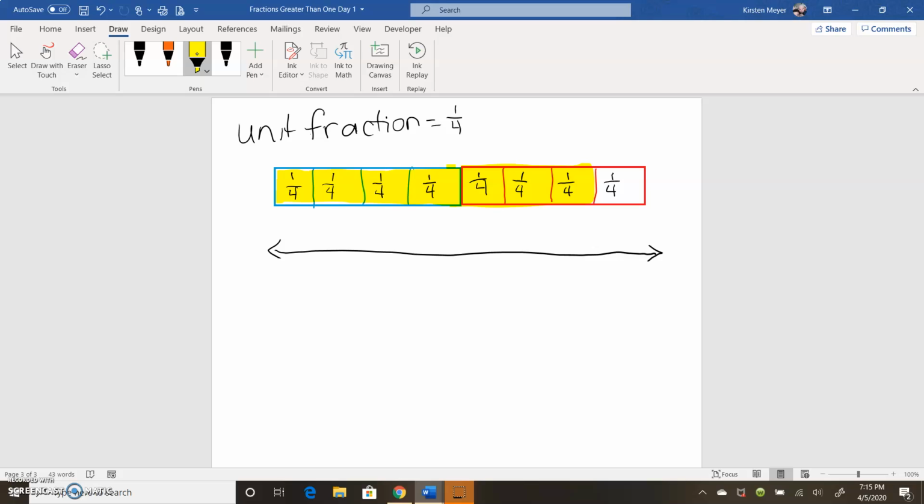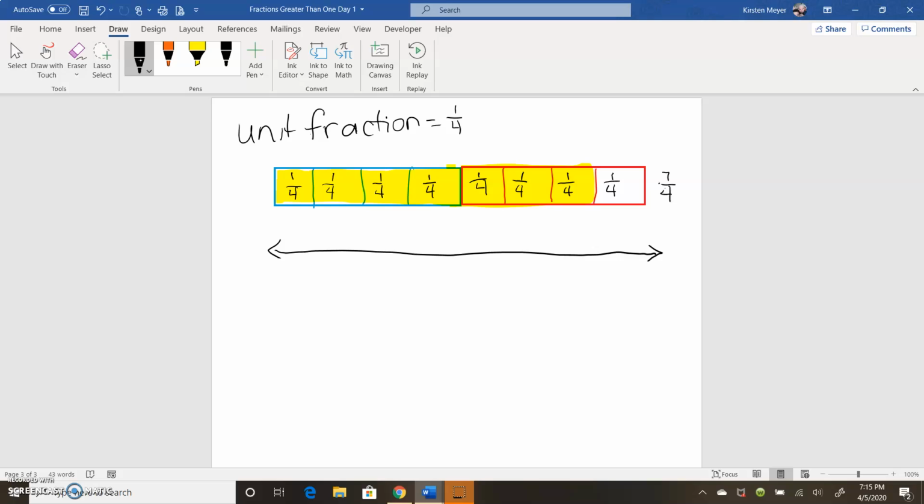So if I wanted to know how many fourths I had shaded in, I could count that up. 1/4, 2/4, 3/4, 4/4, 5/4, 6/4, 7/4. So I can see that I have 7/4 total shaded in.